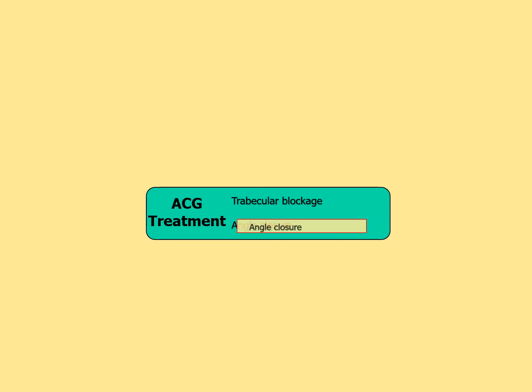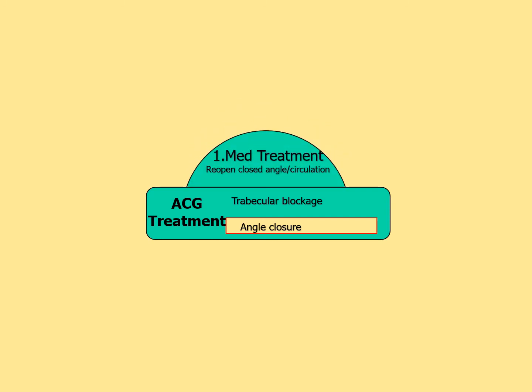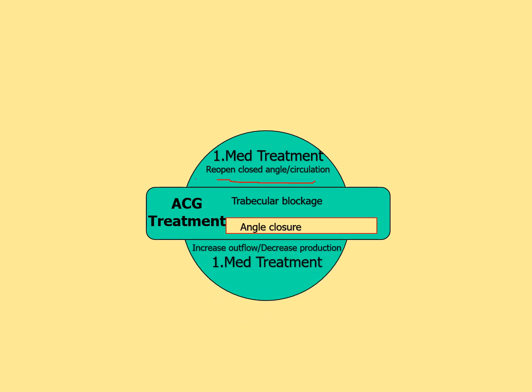We have already discussed that the angle is closed either because of pupillary block or because of the pulling of the peripheral iris without pupillary block. Now the treatment is medical treatment to reopen the closed angle, or medical treatment to increase the outflow or decrease the production, as we did in the open angle glaucomas.